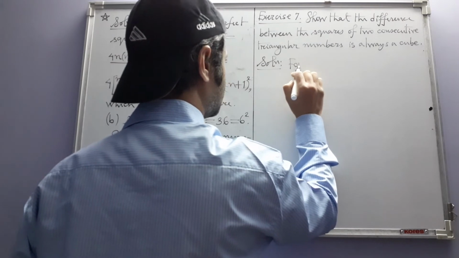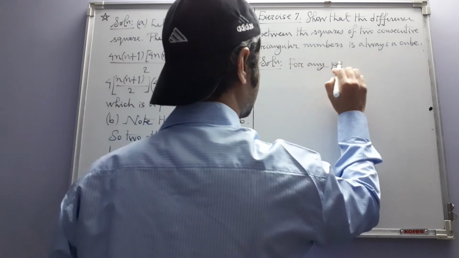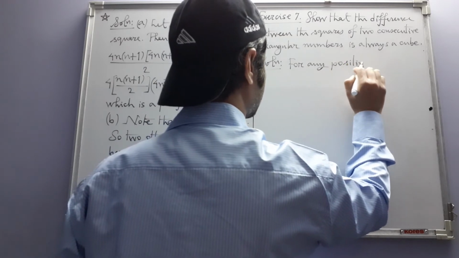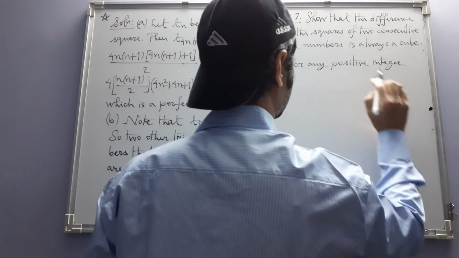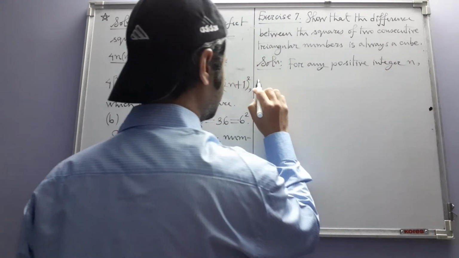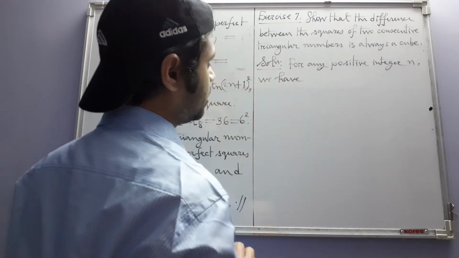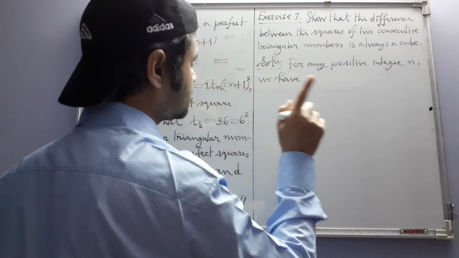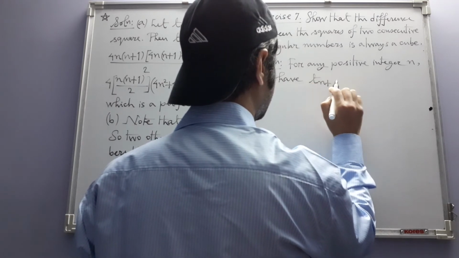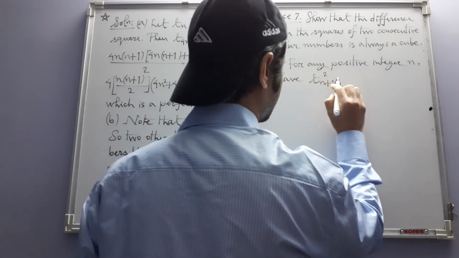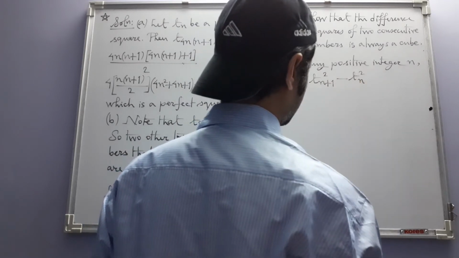For any positive integer n, we have the difference between the squares of T n plus 1 square minus Tn square.